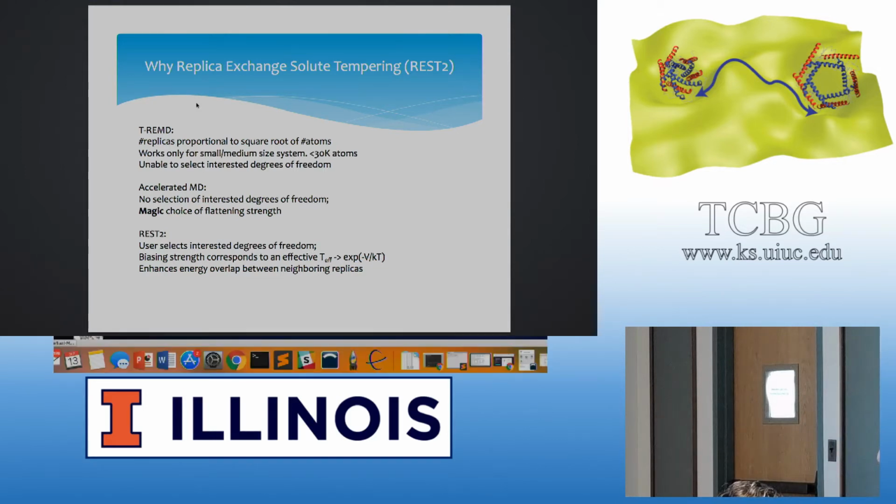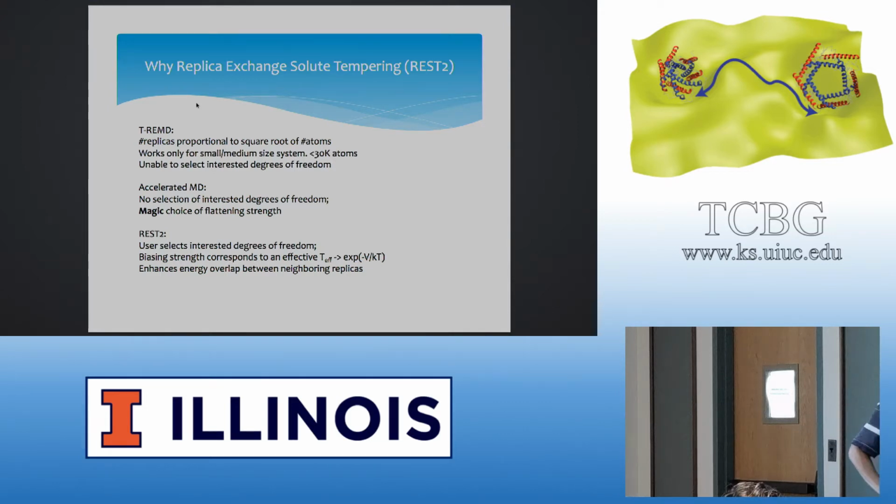So now let's see accelerated MD. That's also another very popular method. You see GROMACS, Amber, CHARMM, all those MD codes have already implemented the accelerated MD method. This method also has no selection of interested degrees of freedom.